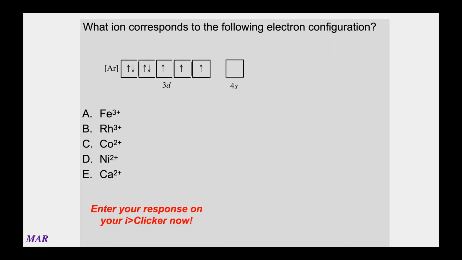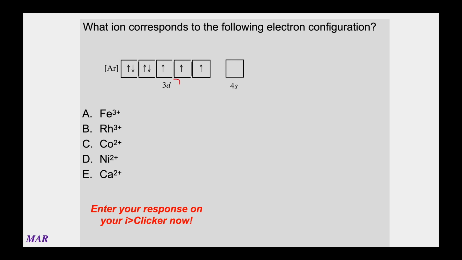Which ion corresponds to this configuration? Notice that there's no 4s electrons. So this is going to be an ion, because the 4s electrons get filled in first, but if they've moved away, then it's going to be taken out. And there's also some 3d electrons. If you count them up, 2 in the first box, 4 in the second, 5, 6, 7.